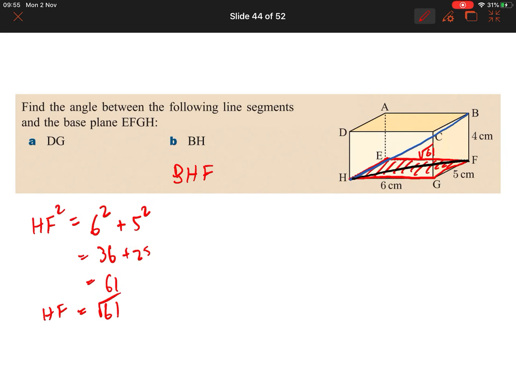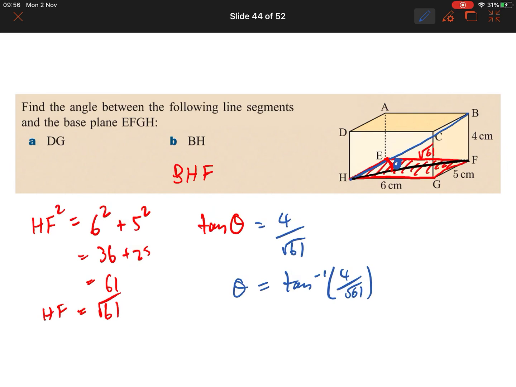So if we want to know this angle here, tan of your angle, we're looking for this angle here, is equal to your opposite, which is 4, over your adjacent, which is root 61. And so theta is equal to shift tan 4 over root 61.